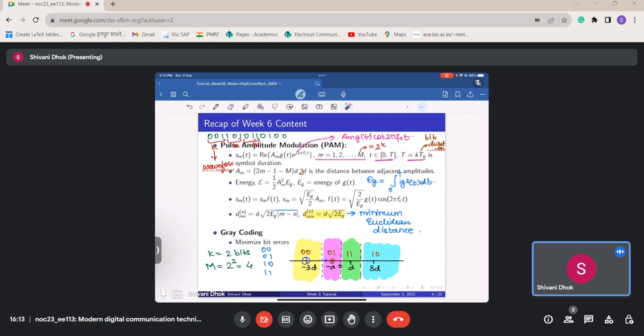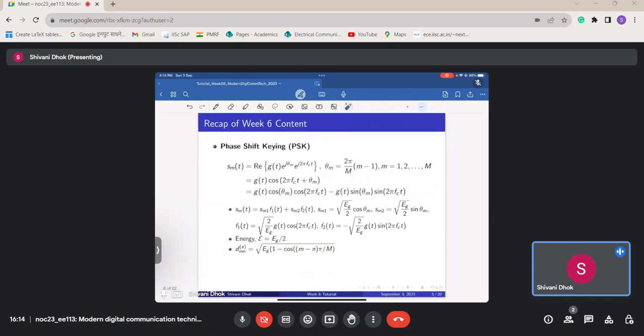So this is better, because it is much more likely that if the constellation point I am sending is, let's say, this one, what is received will be in this region or this region. It will be less likely to be in this region. That's why we are interested in properly assigning bits to the consecutive constellation points. So that is the gray coding that was discussed.